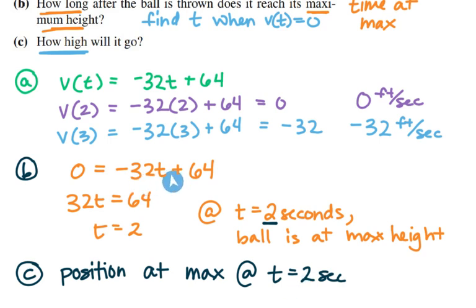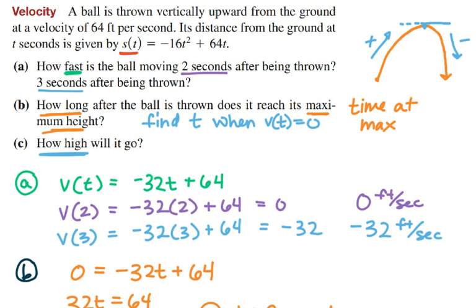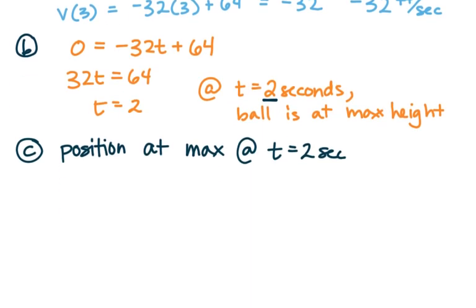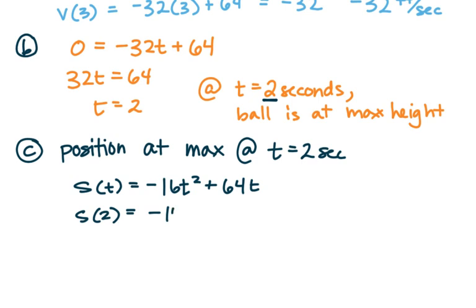We don't want to plug it into the velocity function, because if I plug 2 into the velocity, I get out 0. I want to plug 2 into my position function. So my position function is s of t equals negative 16t squared plus 64t. So s of 2 is negative 16 times 2 squared plus 64 times 2.